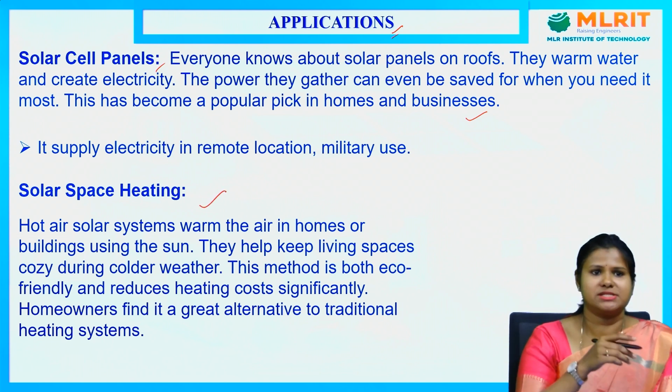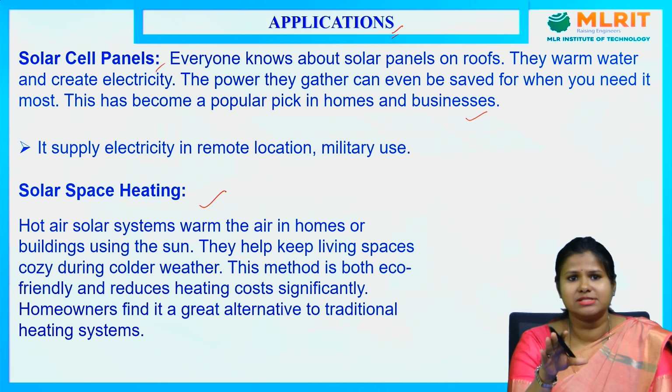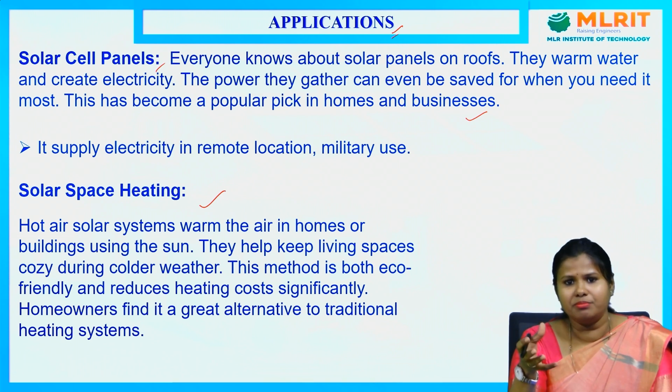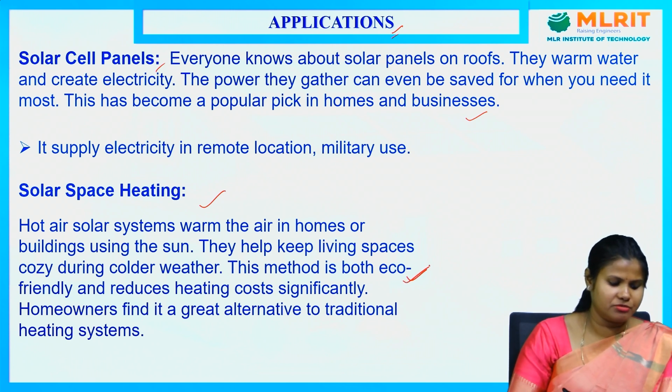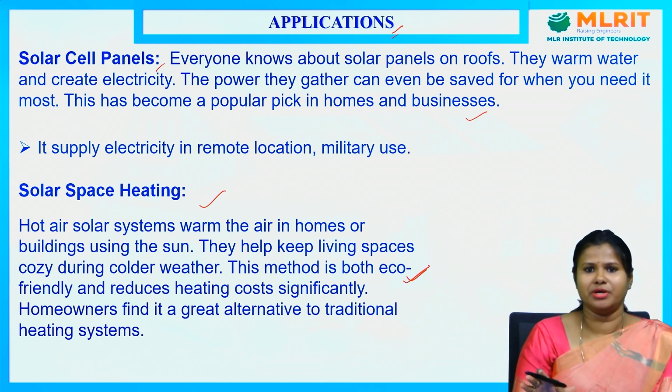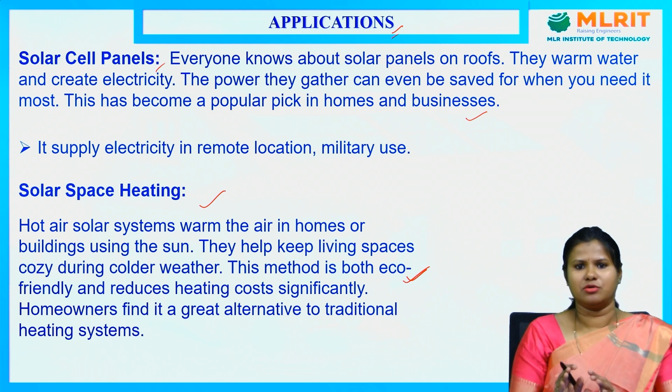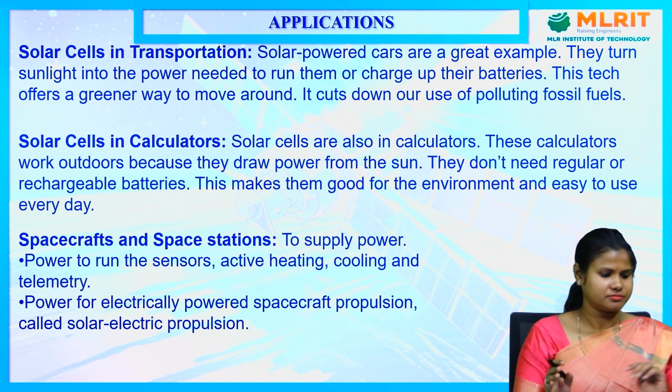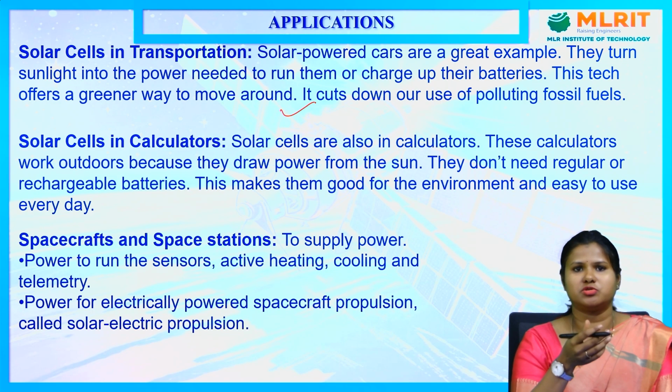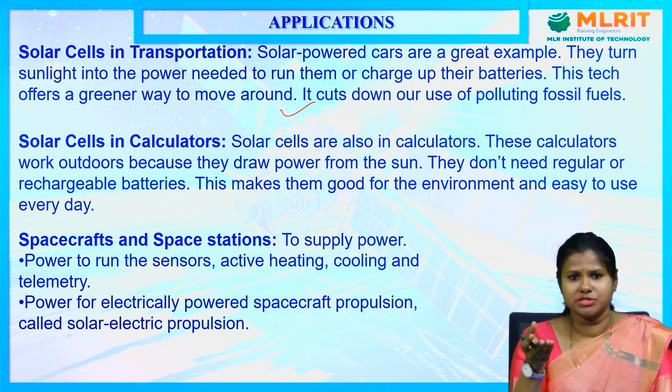Again, solar space heating. Hot air solar systems warm the air in homes or buildings using the sun. So in winter season we can make our living space cozy and warm using this solar power. Then in transportation also, these days we are producing solar cars.